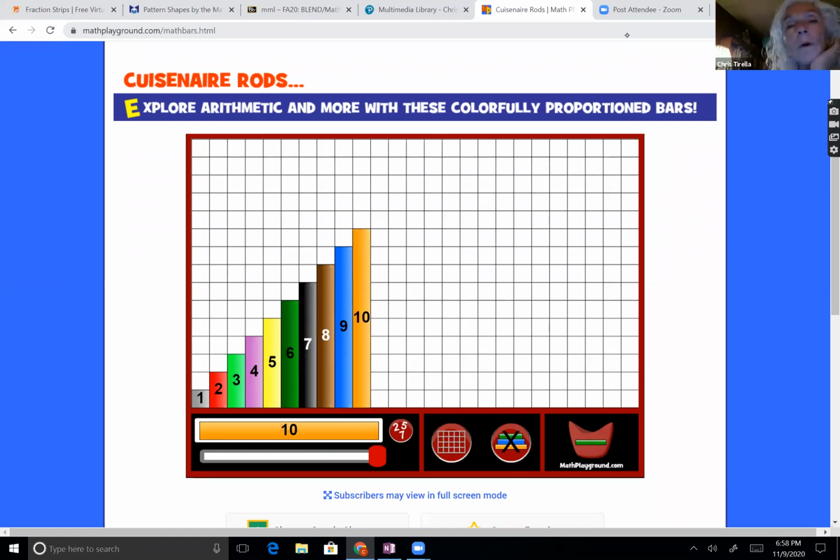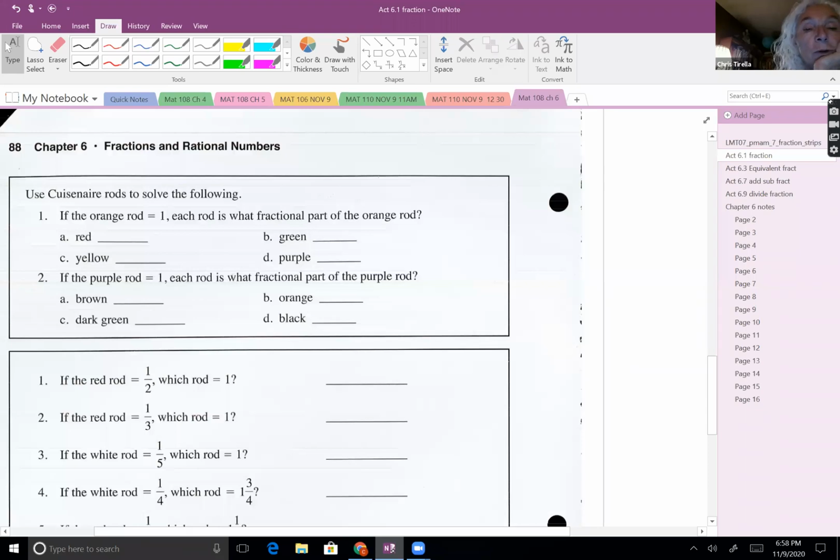And so what the activity asks you to do is to decide by comparison. First activity says, let's say that our orange represents our number 1.